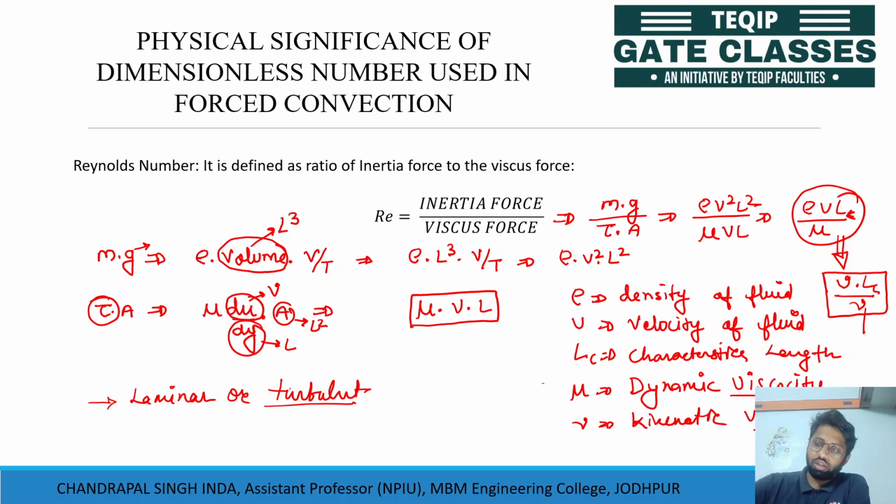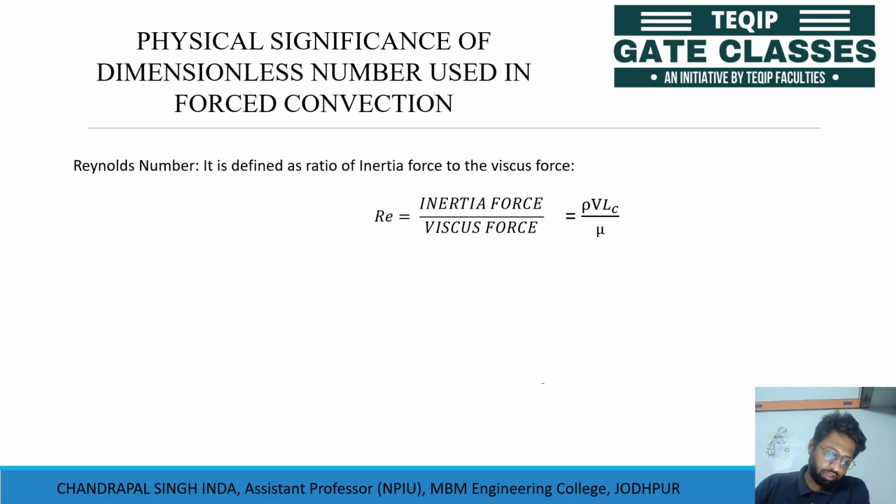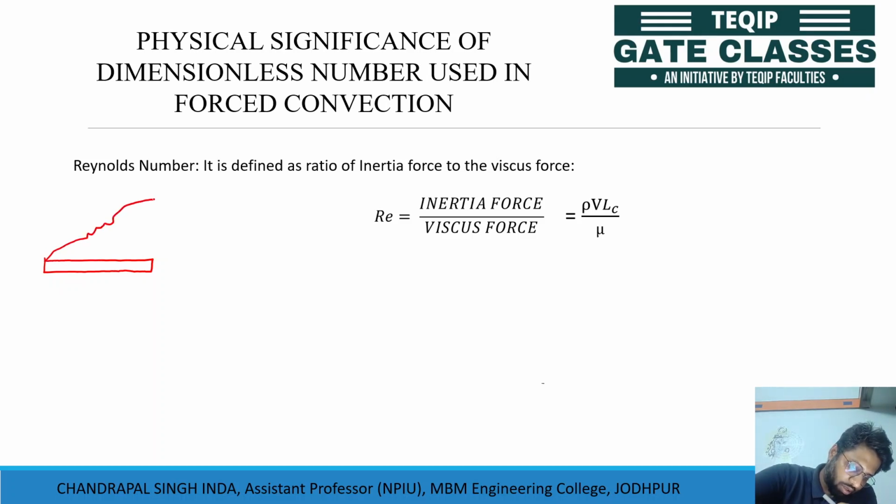Let's see how it is represented. First we have external forced convection, in which the flow is over a solid boundary.